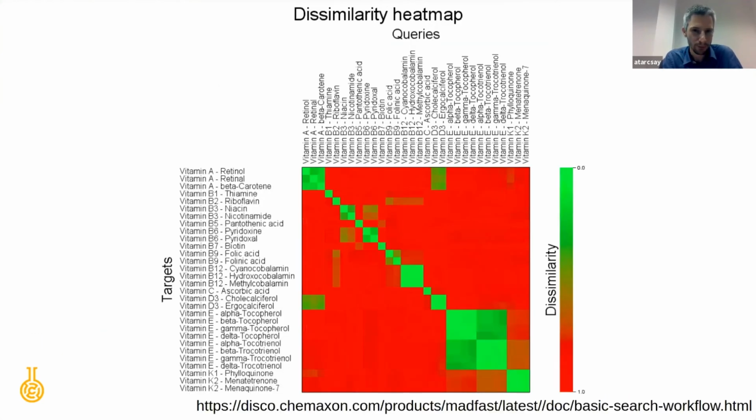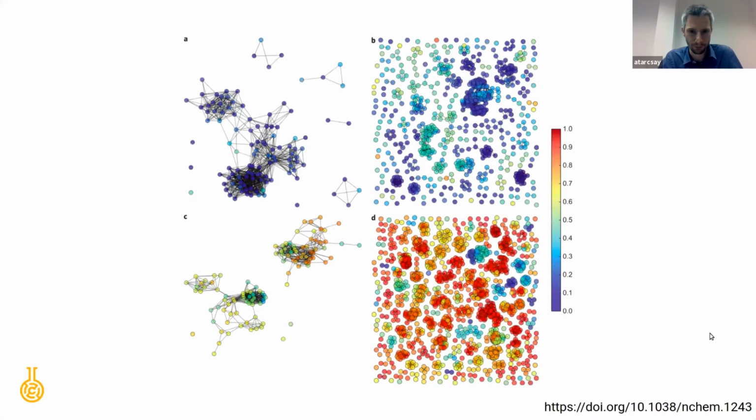And you can also calculate this as a dissimilarity overlap between, in this case, the vitamins. So you can use this dissimilarity value as a heat map as well. If you summarize the edges as providing higher similarity than a given range, then you can have a different view of your compound collection.